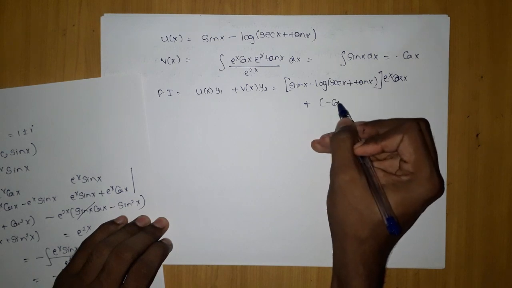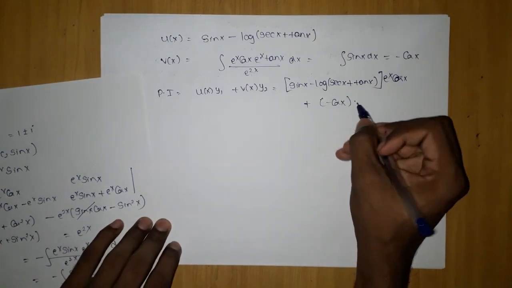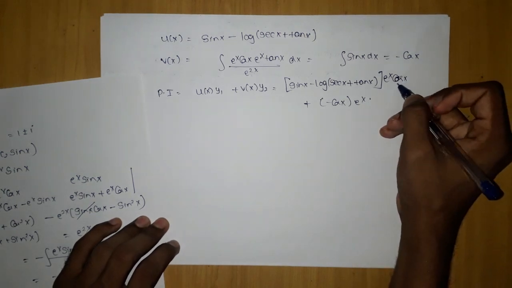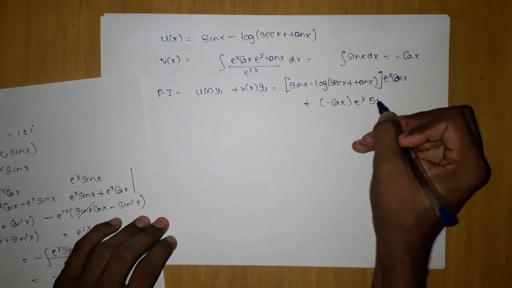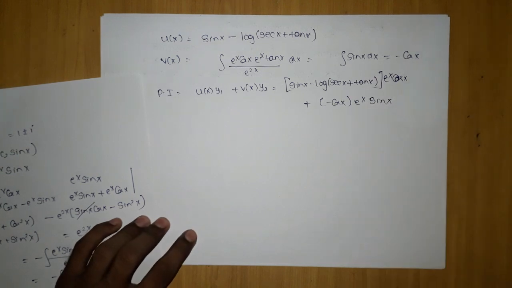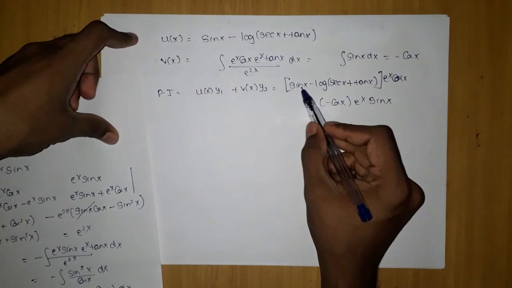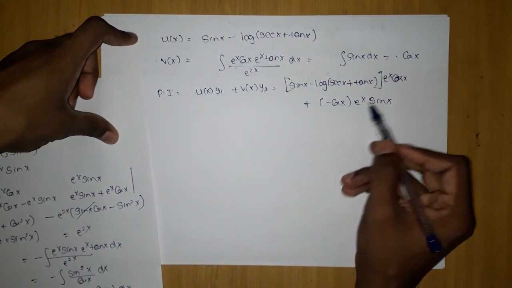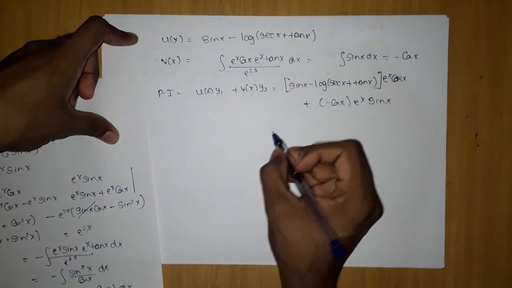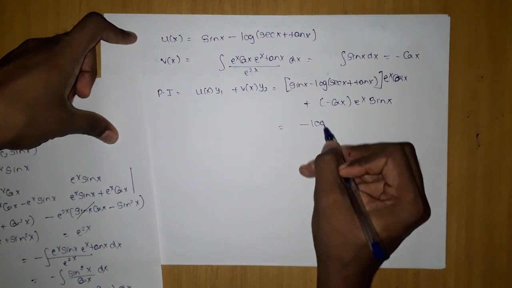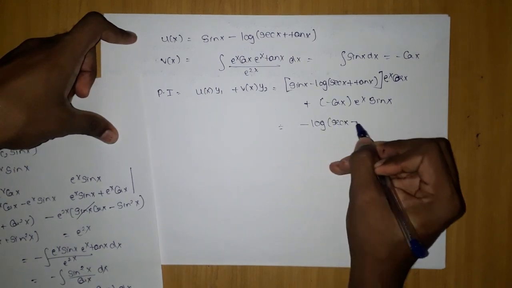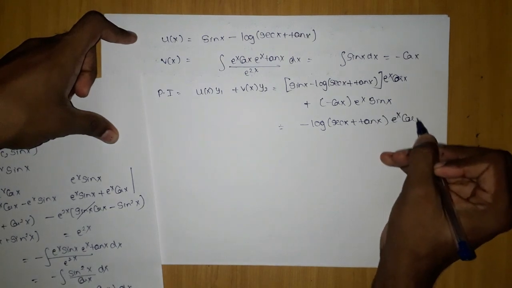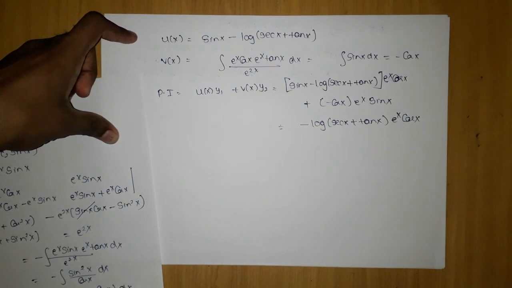It is minus cos x into e to the power x. Here y2 is what? E to the power x sin x. Now you clearly know that here it will be positive e to the power x sin x cos x, here it will be negative, so they both will cancel out and we are left with only minus log sec x plus tan x into e to the power x cos x, right?